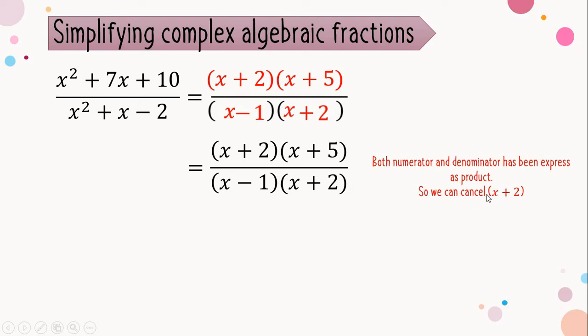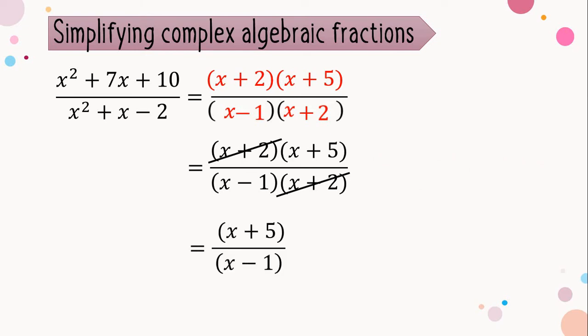So we can cancel x plus 2 because x plus 2 is the common factor. Okay, so the rest becomes x plus 5 over x minus 1. x plus 5 over x minus 1, that is the simplest form of x squared plus 7x plus 10 over x squared plus x minus 2.